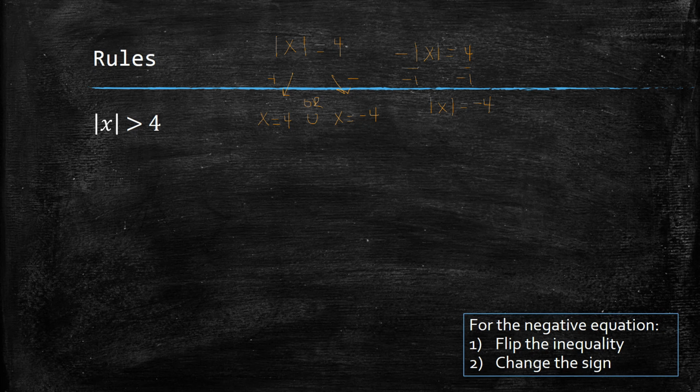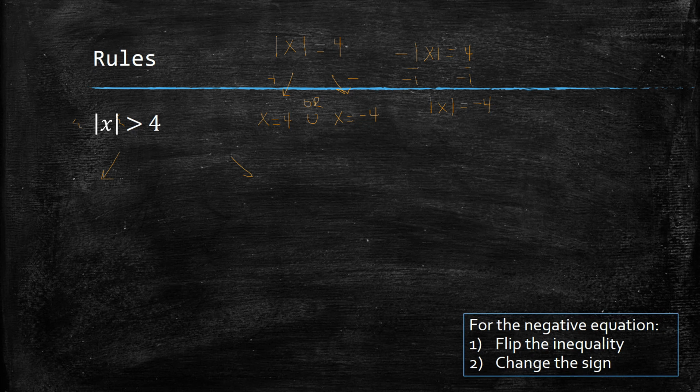The same thing is going to apply here when we're talking about inequalities, except when we deal with inequalities, we have that rule that when you multiply or divide by a negative number, your inequality sign changes. And that's what's going to happen here. So remember, first off, you have to isolate your absolute value, which we have here. Nothing on the left, nothing on the right.